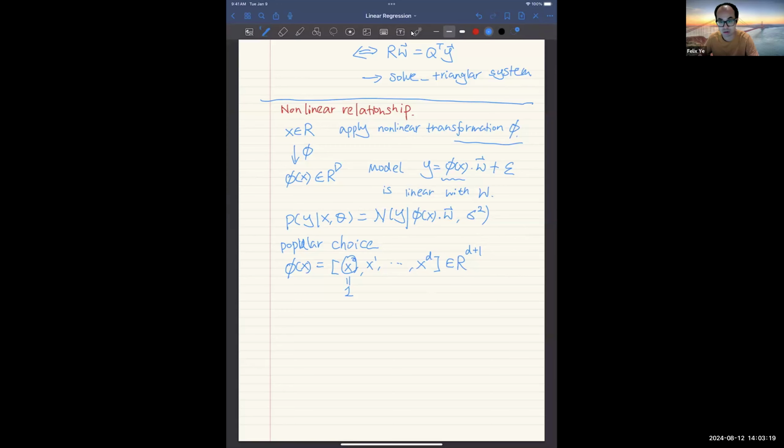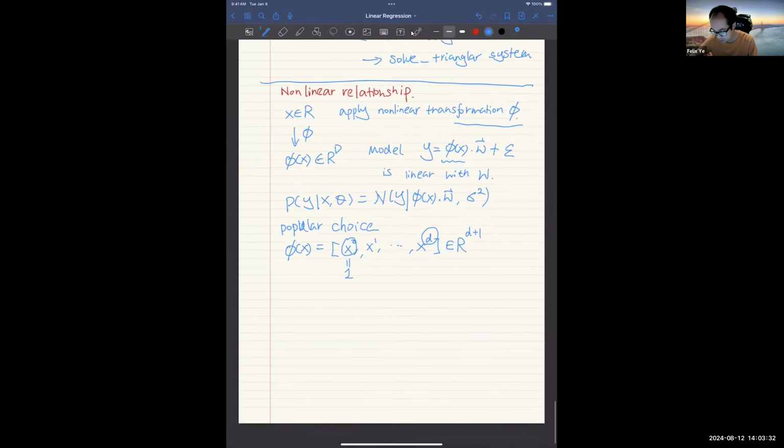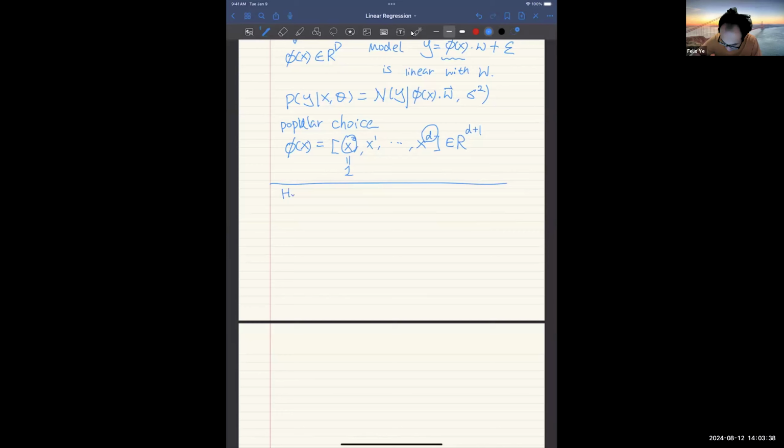This gives you a degree of freedom that you can choose, with parameters of dimension d. So the question is how to choose the parameter d.